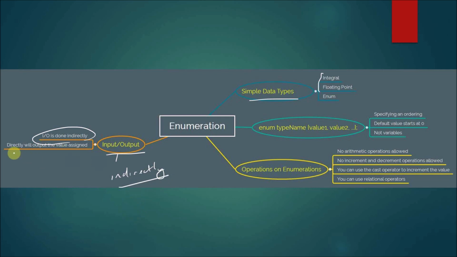If you directly output an enumerator, what will output is the value assigned. So if this was blue and this was red from our earlier example, the actual values are 0 and 1. Therefore, if you were hoping to print out red, what you would really print out is just 1.